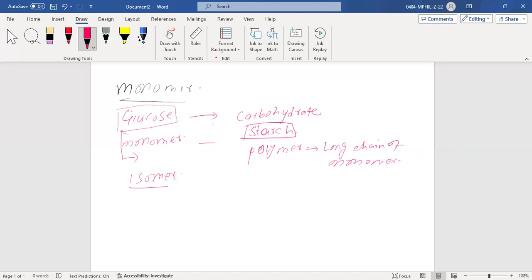Right? We can say same chemical formula, but different structural formula. Okay. So this is the one thing that we should know.